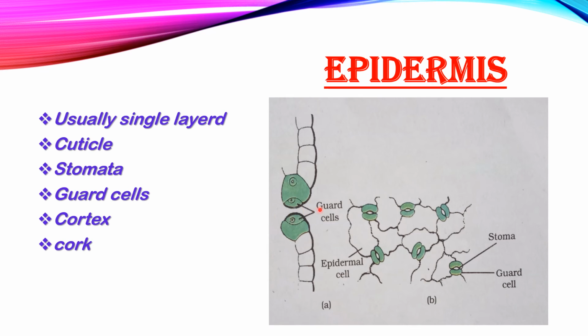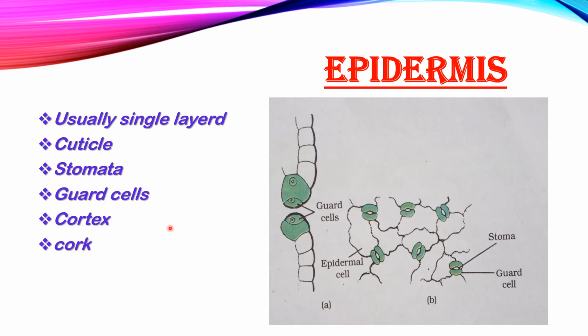Plants also respire, and the gaseous exchange also occurs through stomata. During photosynthesis there is also gaseous exchange through stomata. So these guard cells are known as seats of transpiration, as they control stomata through which gaseous exchange and transpiration take place.